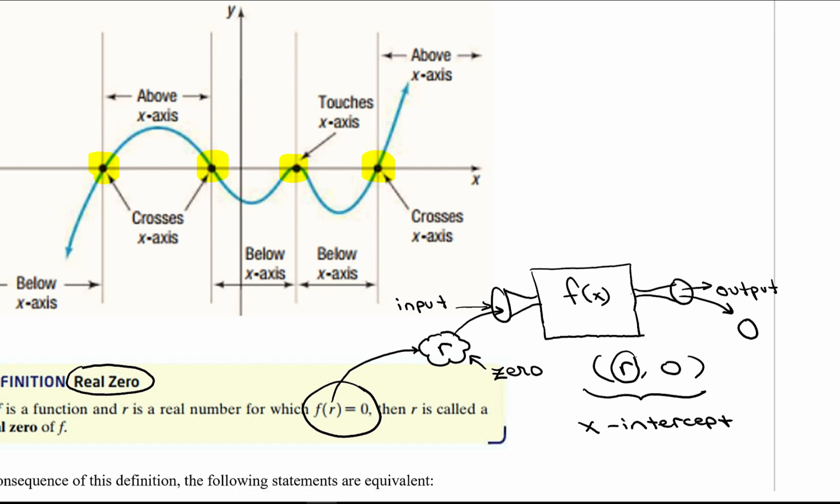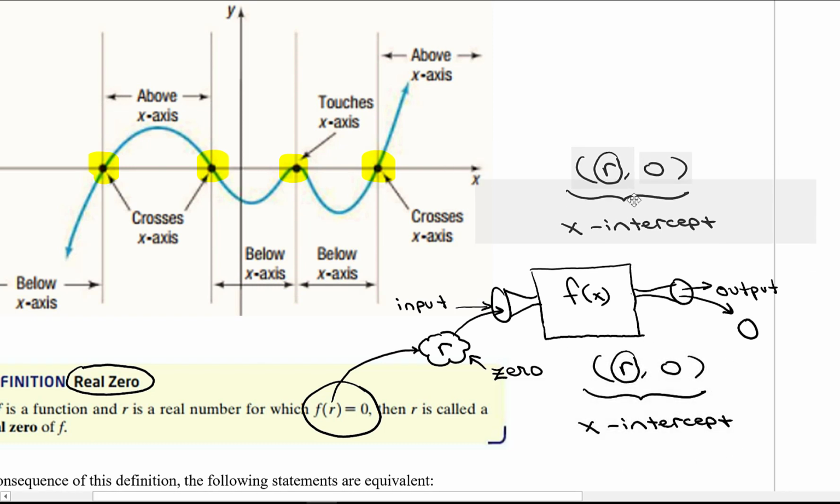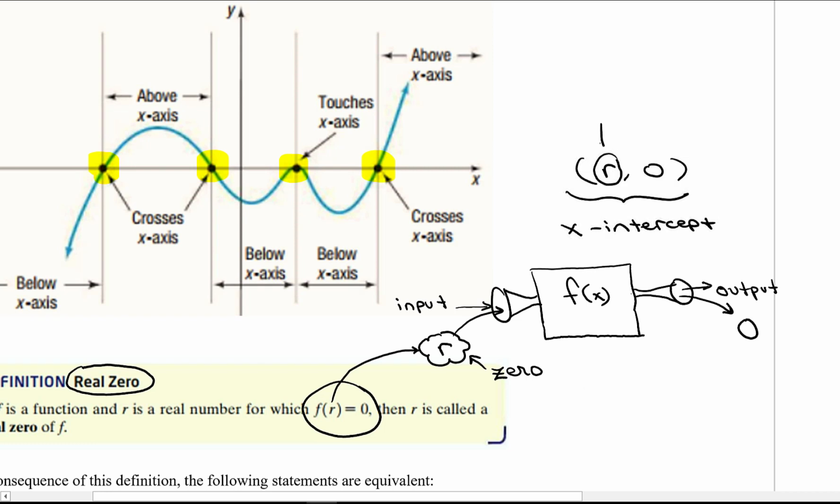Maybe I should write that up here somewhere. We call this value a zero, because it produces a y value of 0, if that helps. I hope it does.